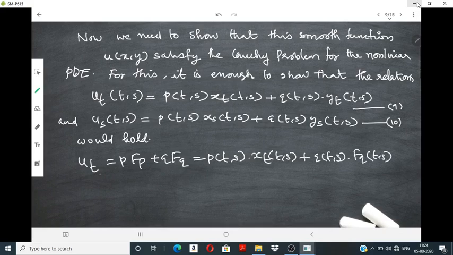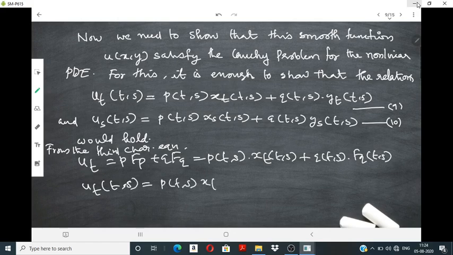So from the third characteristic equation, we have ut at t comma s equal to p of ts into xt at ts plus q of ts into fq at t comma s, isn't it? So this equation is valid because our construction is in such a way that this equation is satisfied.